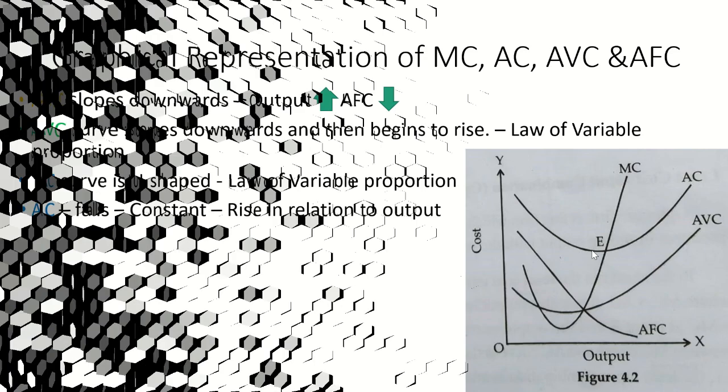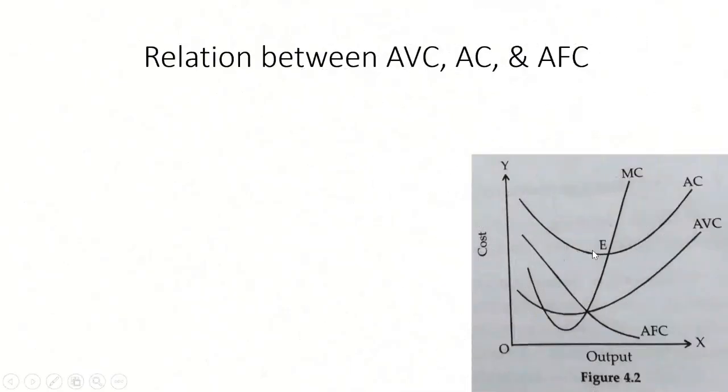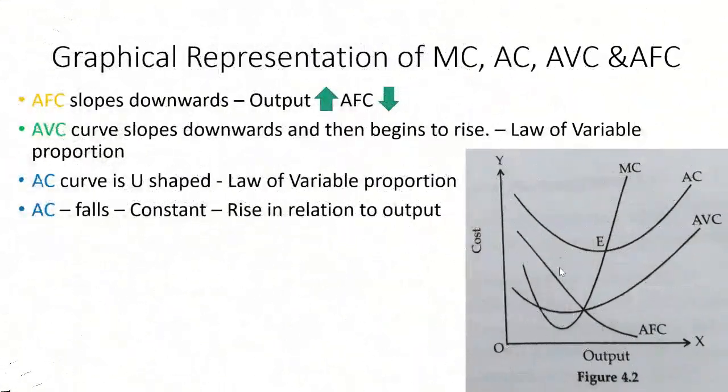Second is that it is constant for some period, and again it rises. Once again, first the AC falls, then it is constant for some period, and again it rises. It's mainly because of the law of variable proportion.